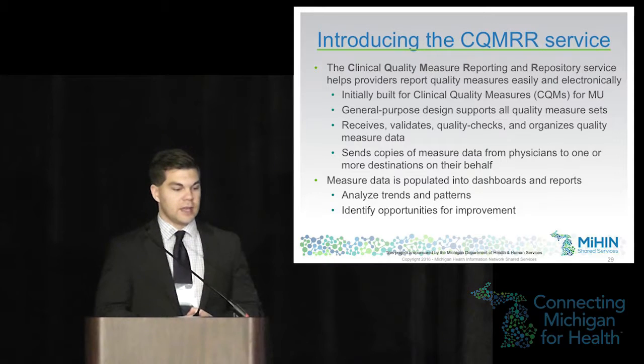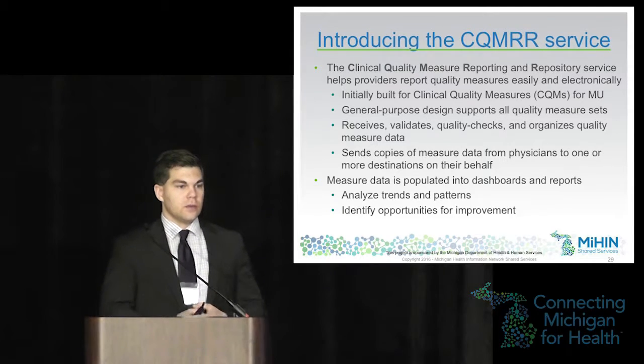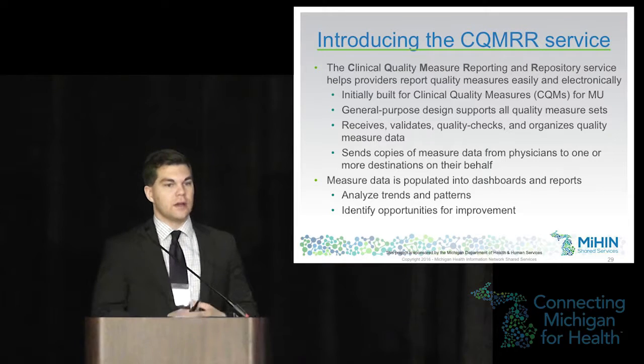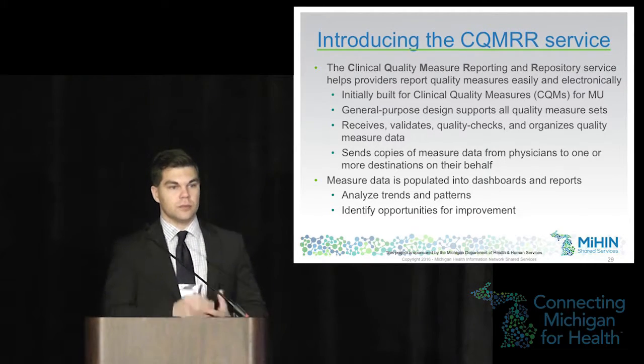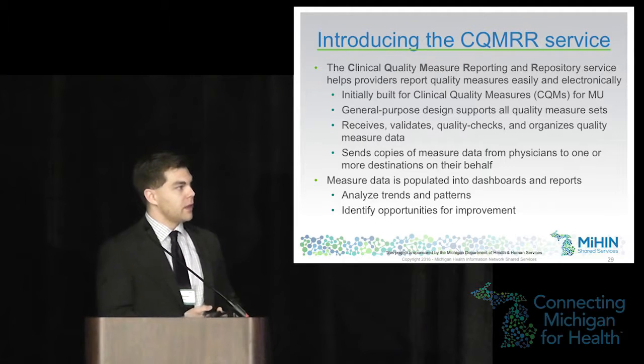So we started building that, and then we realized with not too much extra effort, we can also offer some additional destinations at the end to report to, okay? And support more than just Michigan Medicaid providers.